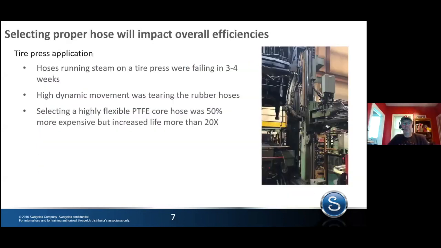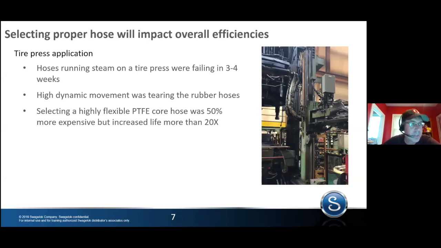Some different examples of this, and again, we've seen a lot of this through our time. One is this particular picture you see on the right, where this tire press moves up and down about 6 feet, and the hoses in this case are moving up and down about 6 feet with that U shape.